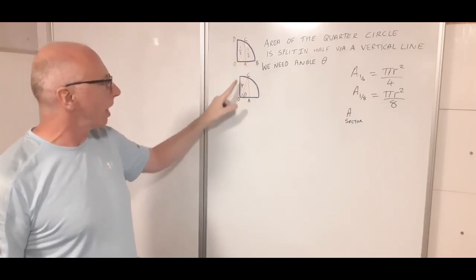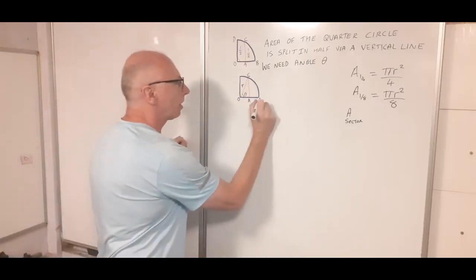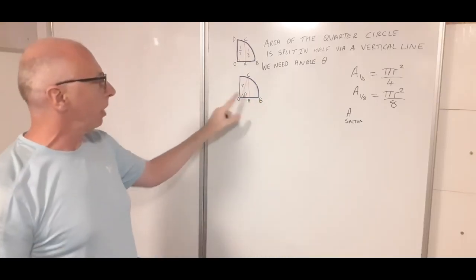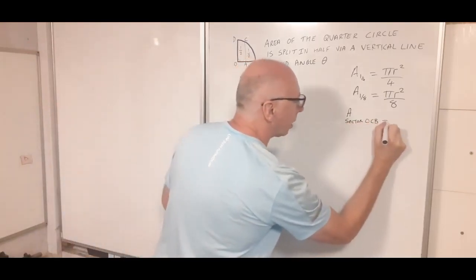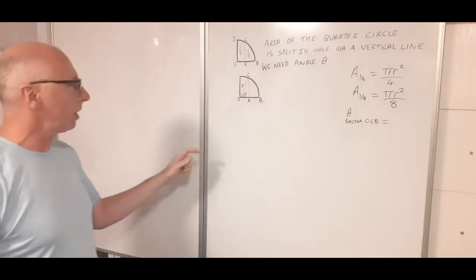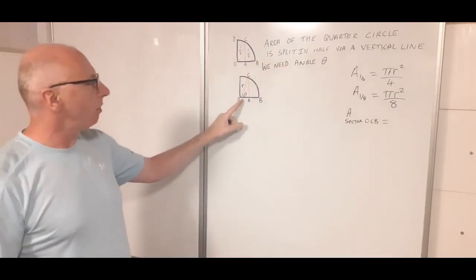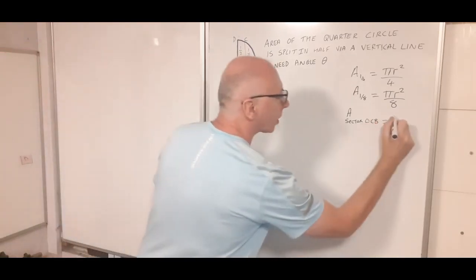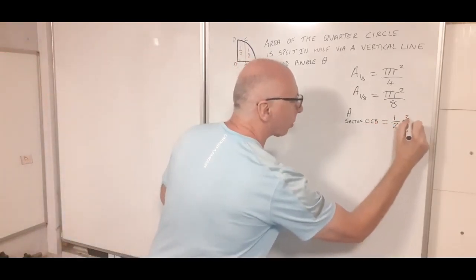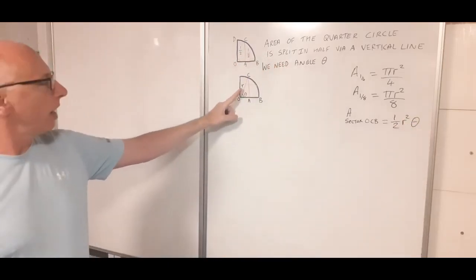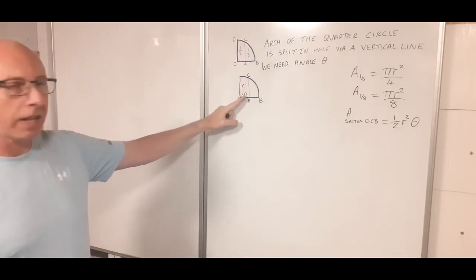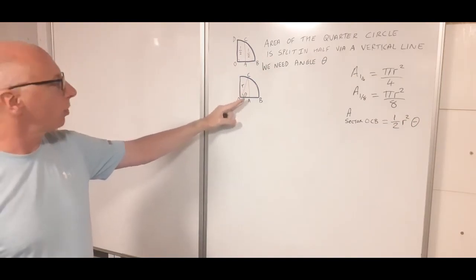So we can see OC there, and B there, that's OCB, all of that sector. That's just a standard formula in terms of radians, and that's half r squared theta. So that's dependent on the radius and this angle theta, which is quite logical.